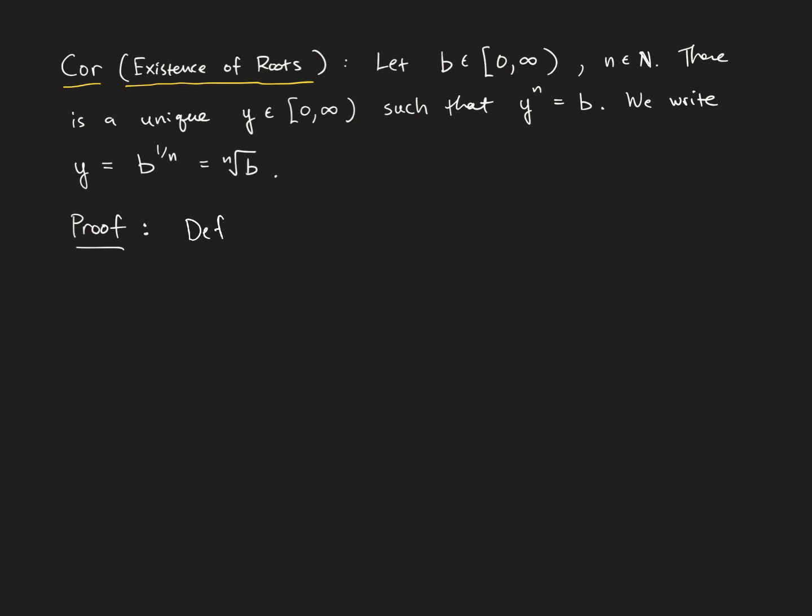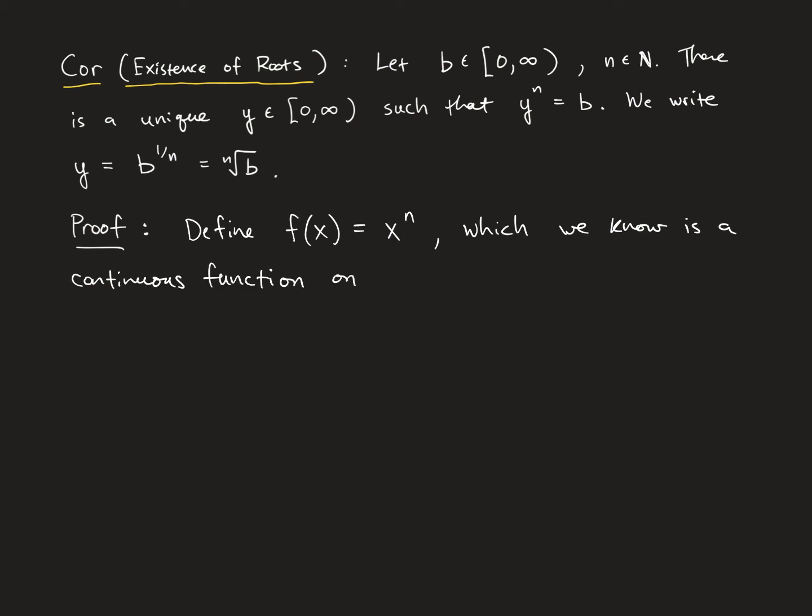So define f of x equals x to the n, which we know to be a continuous function on all the real numbers. And let's just assume that b is greater than 0, since the b equals 0 case is trivial.